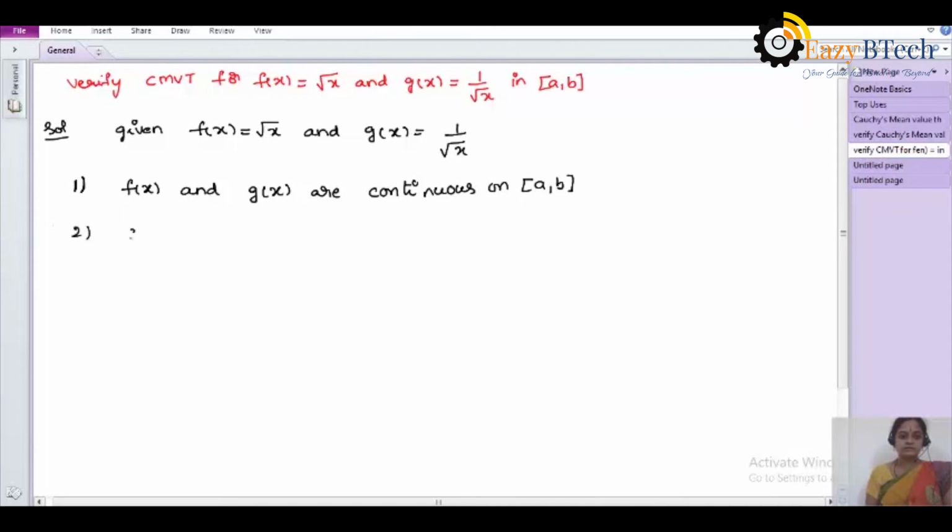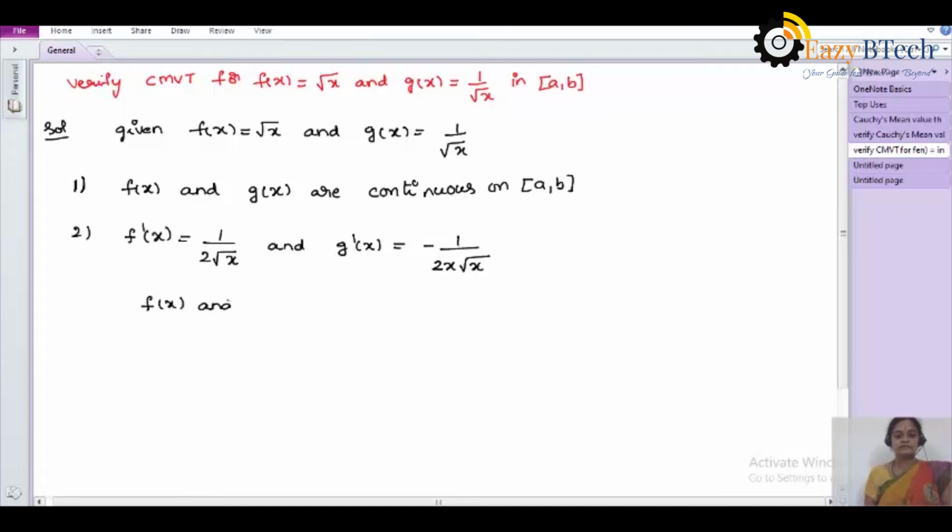Coming to the derivability, f dash of x, root x differentiation is 1 by 2 root x, and g dash of x, if you do the differentiation, you will get minus 1 by 2x root x here. Of course, the derivability condition is satisfied.